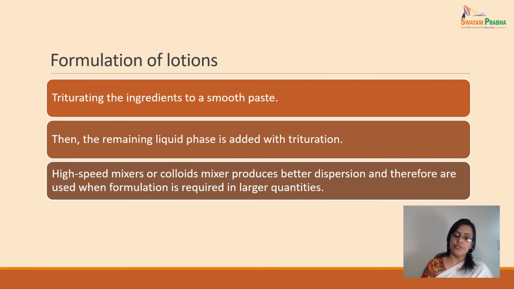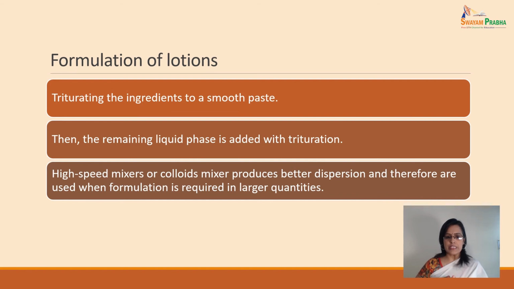Now moving to the formulation of lotion. The preparation of the lotion starts by triturating the ingredients. You have to triturate the ingredients to make a smooth paste, right? Then the liquid phase is added with trituration.